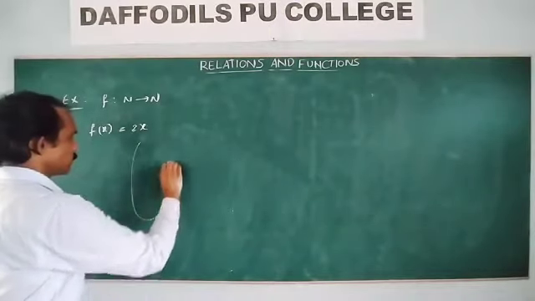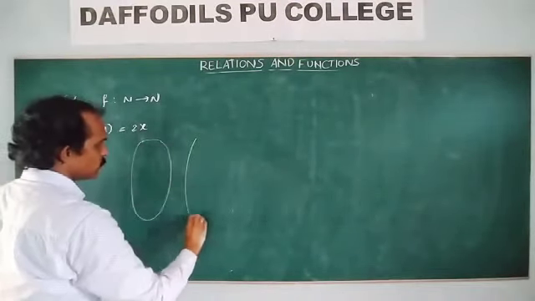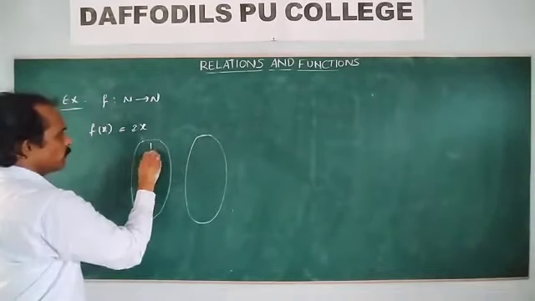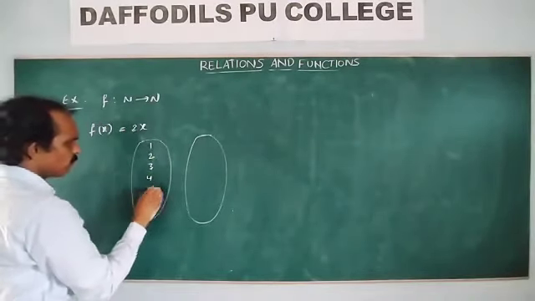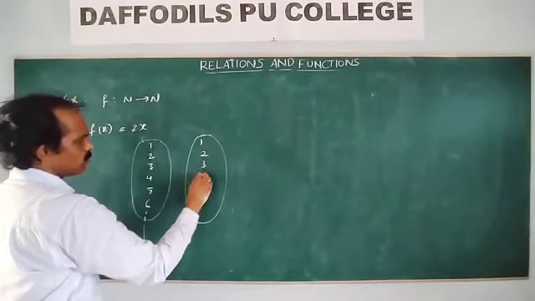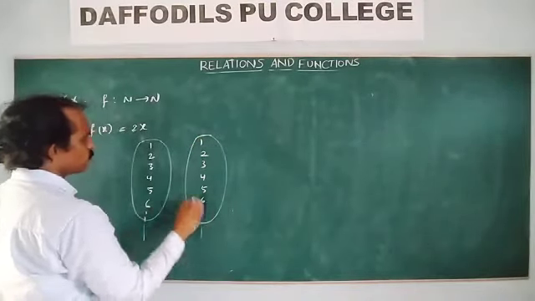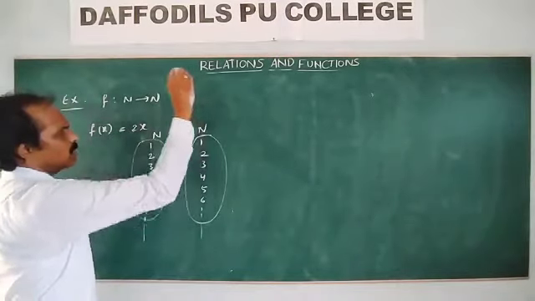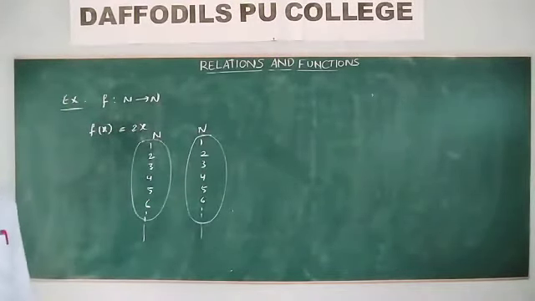Natural numbers: 1, 2, 3, 4, 5, 6, and so on. Natural numbers. Clear?